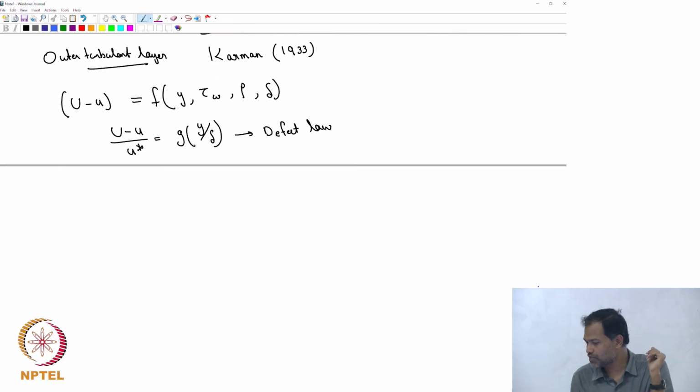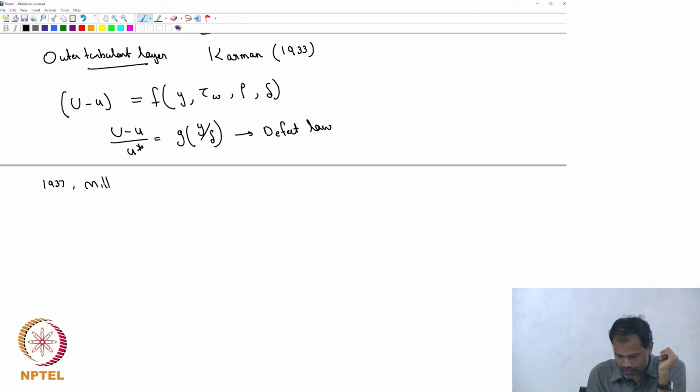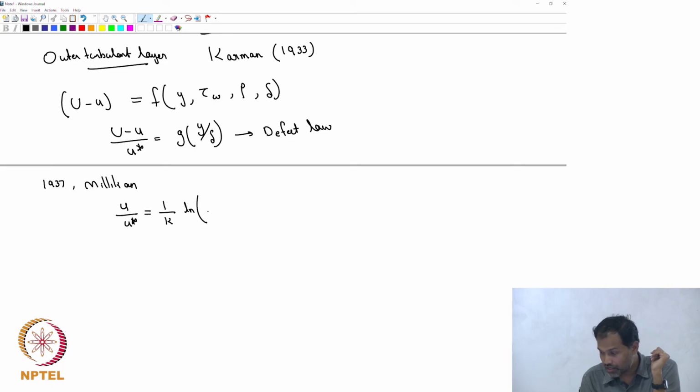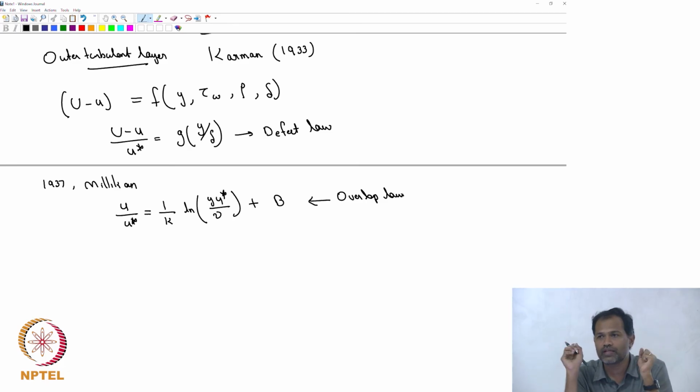I will write down. This was actually done in 1937 by Millikan, and he said if you write u by u star is equal to 1 over k ln(y u star divided by nu) plus B, this is the so-called overlap law. This overlap law will smoothly merge into the wall law and the defect law.